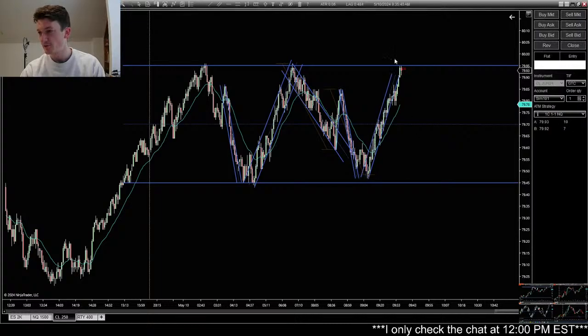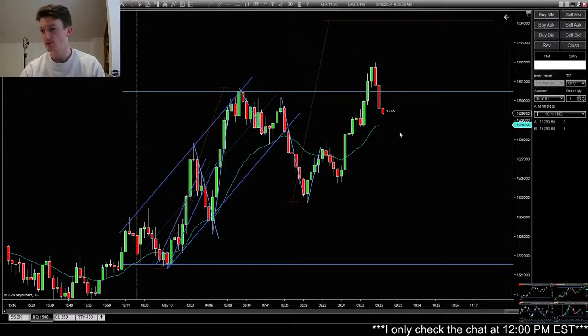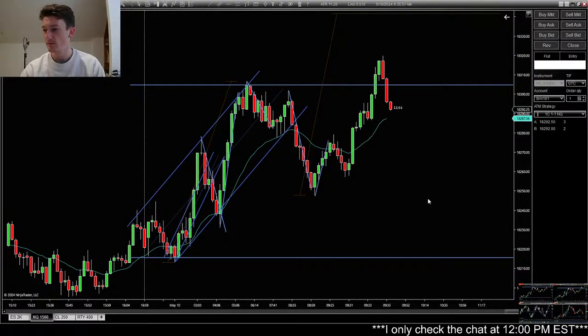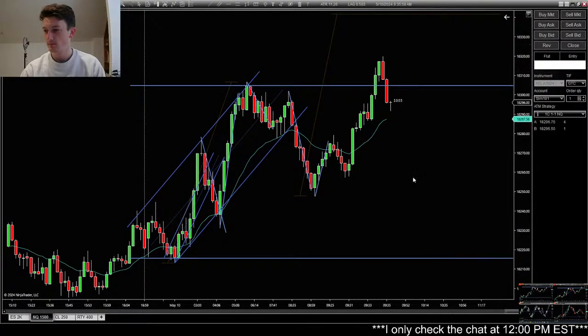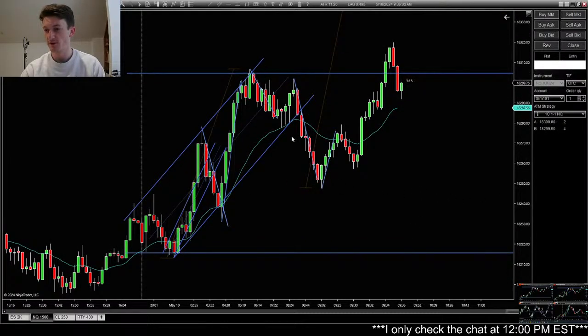I believe it's played out there, so if we do get a strong push below the EMA, probably be looking to take that. Same with the NQ, so looking for that strong push below the EMA. Now that this uptrend has a close outside a new high, break out of the overnight highs.